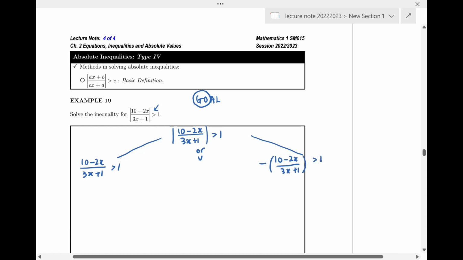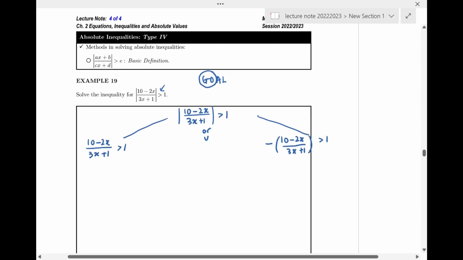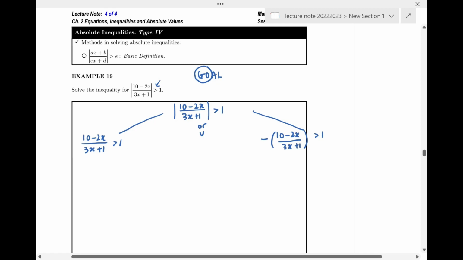So we solve the first inequality first. I hope you still remember how to solve rational inequalities. Remember not to cross multiply. We have to bring 1 to the left side.